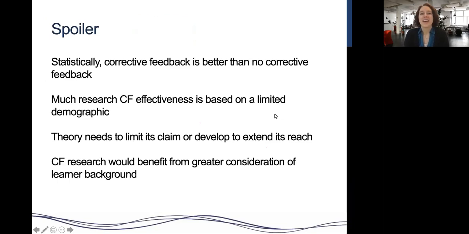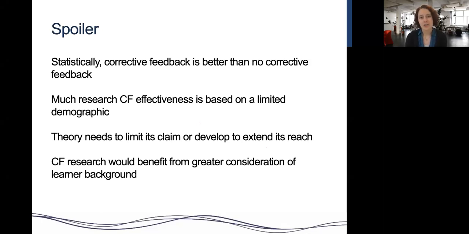All right, I'll go ahead and start with a spoiler so that you know where we're headed today. Statistically, corrective feedback is indeed better than no corrective feedback. And if you are new to the field of corrective feedback, if you haven't done a lot of reading in this area, your initial reaction might be, well, yeah, but we'll talk about that in just a second.